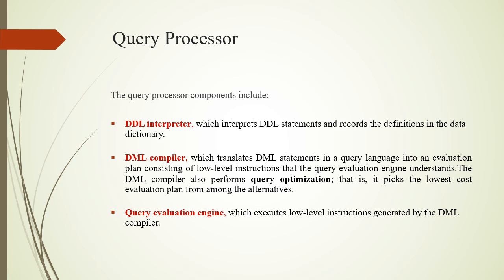Next is the query processor. The components of the query processor are the DDL interpreter, the DML compiler, and the query evaluation engine. The DDL interpreter interprets the DDL, that is, data definition language statements, and records the definitions in the data dictionary.